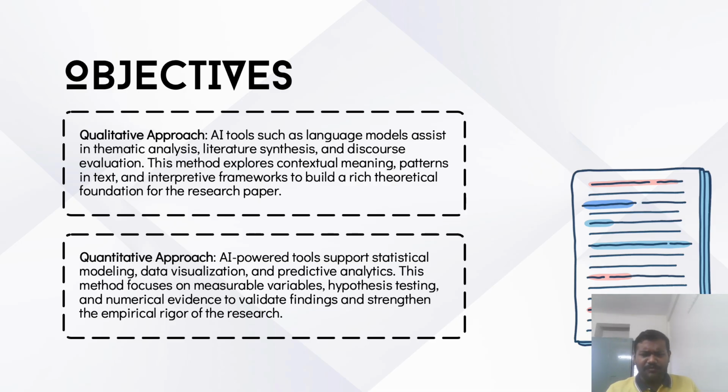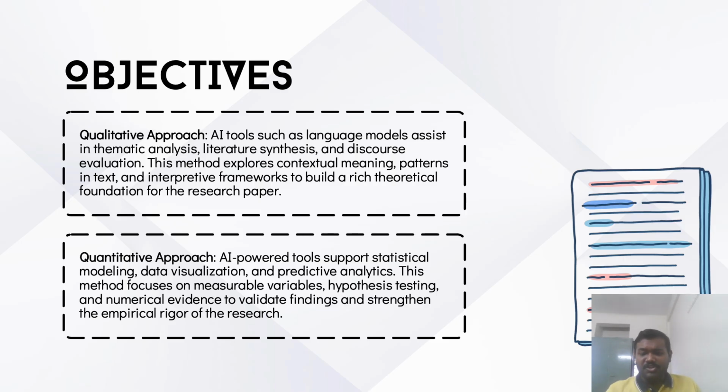For example, if I am investigating the role of a particular gene in cancer progression, my objective might be to evaluate its expression patterns, identify associated signaling pathways, and assess its potential as a therapeutic target. Once these objectives are clearly established, every subsequent step becomes much easier.